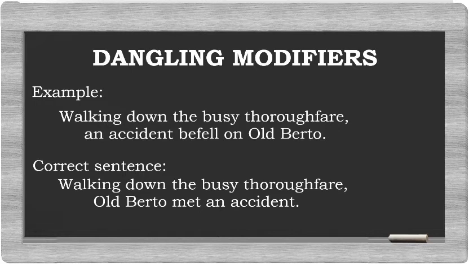Of course, it is impossible that the accident is the one walking. So in this case, the modifier does not modify anything at all. Kaya bigyan natin siya ng i-modify niya. So the correct sentence now would be this way.